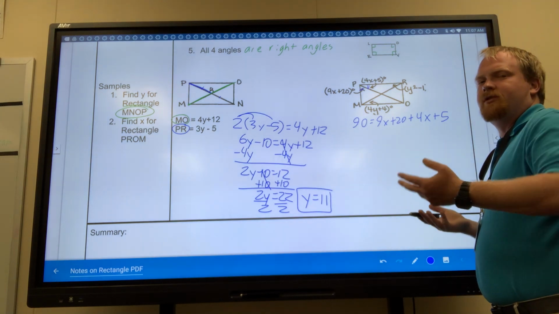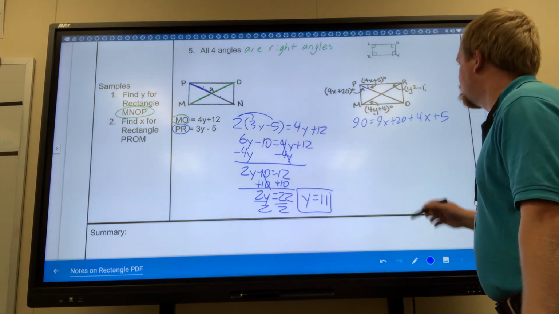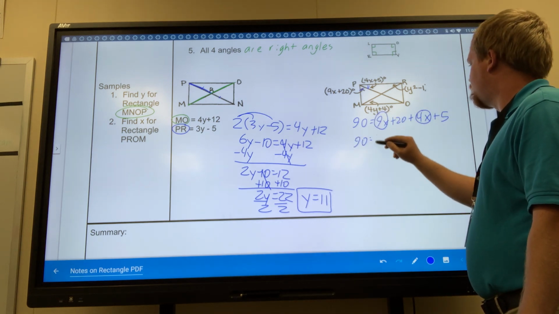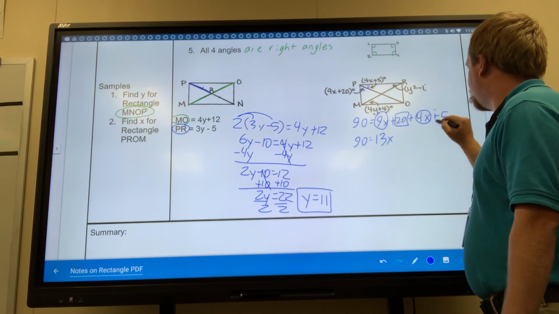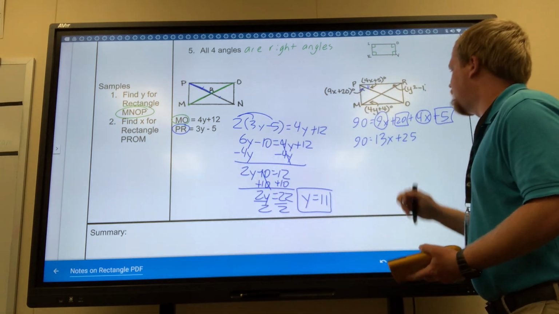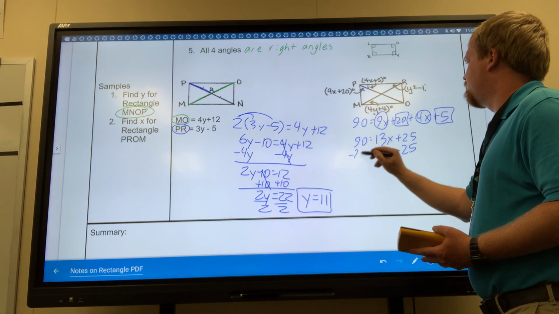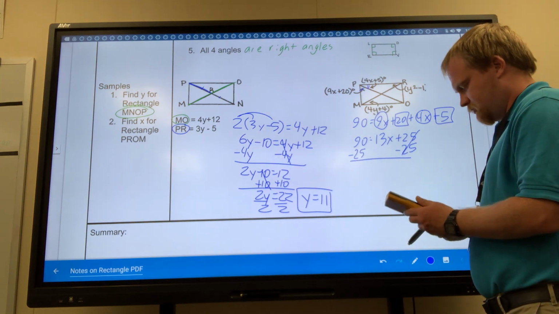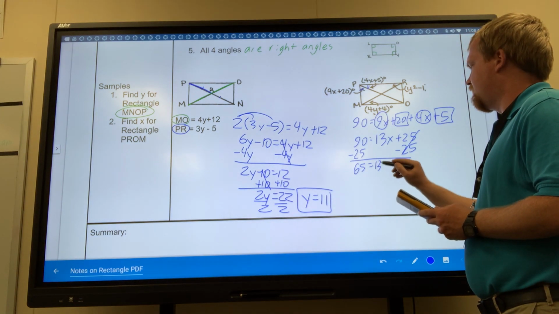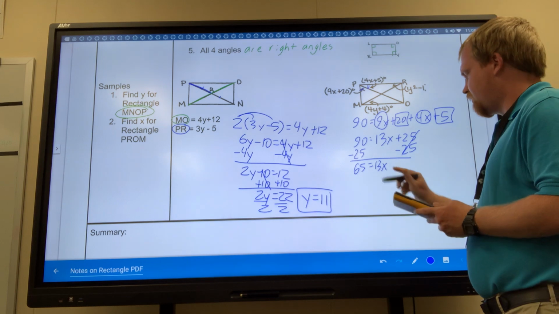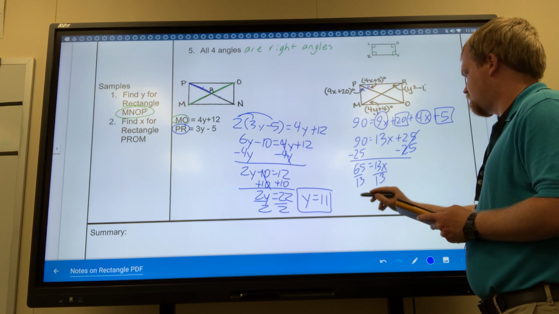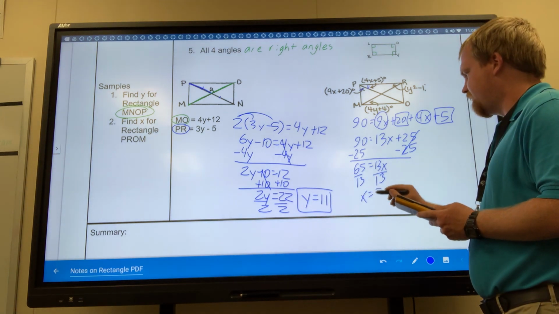So I combine like terms. That gives me 13x plus 25. Then I subtract 25 from both sides. So that's 65 equals 13x. So I divide by 13. x equals 5.